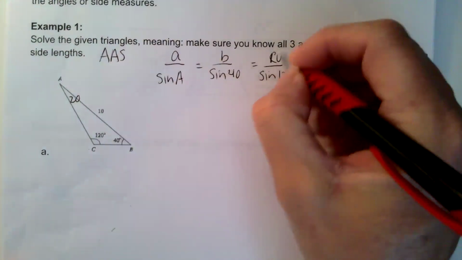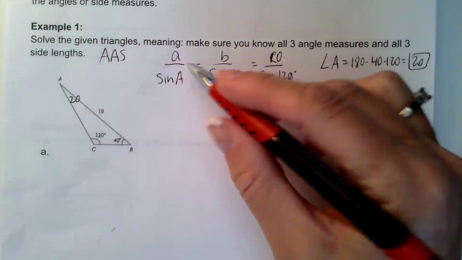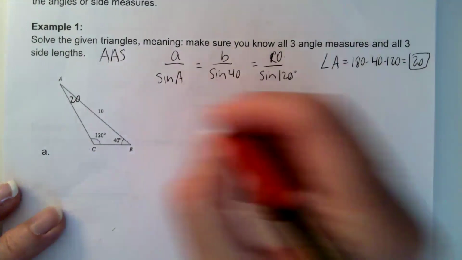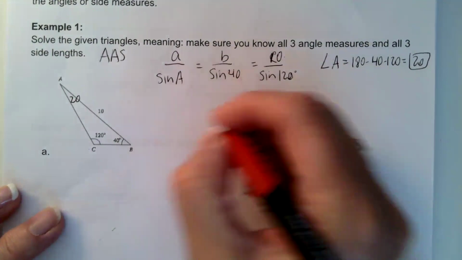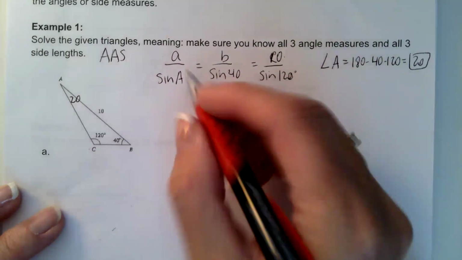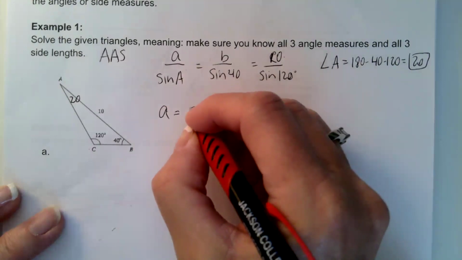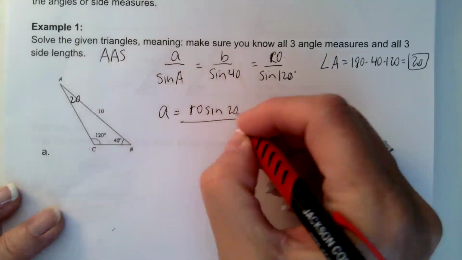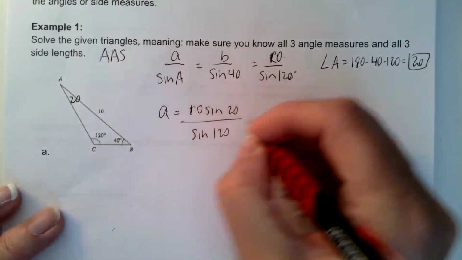I forgot, we know side C. So because we know this complete ratio here, 10 is compared to sine of 120, we can use that to find the sides A and B. So A is going to equal 10 times the sine of 20, because 20 is the angle A, over the sine of 120.